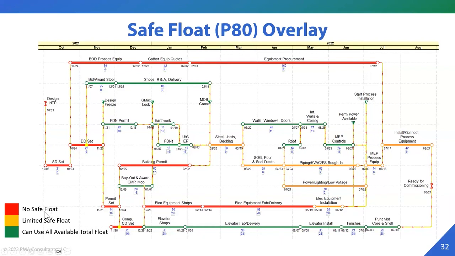They should not impact the project end date. And over here, we see how bid award, steel, and shops RNA delivery are those kinds of activities. Their path just doesn't have enough uncertainty to say that they will impact the project. However, the deterministic critical path said these were really critical tasks.